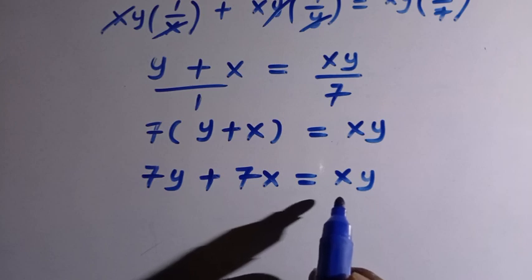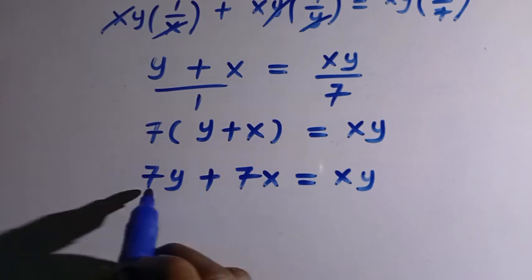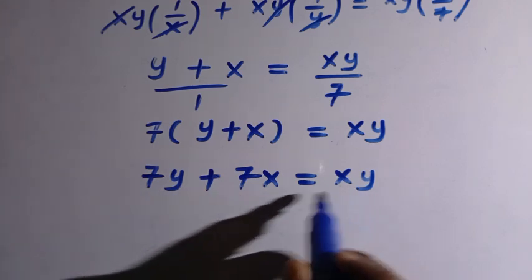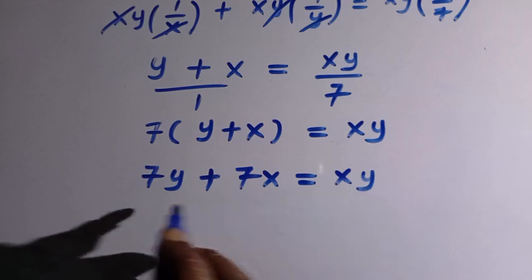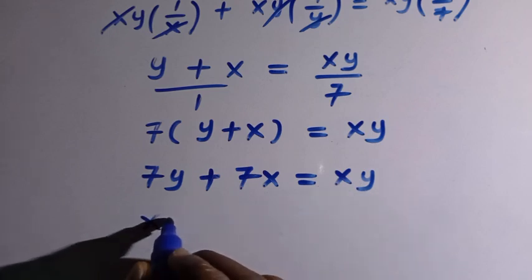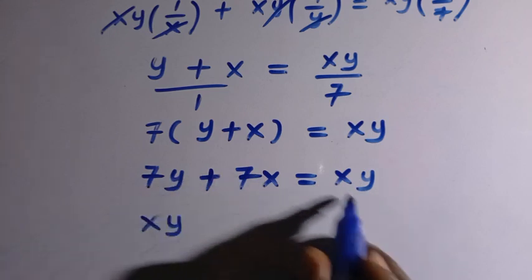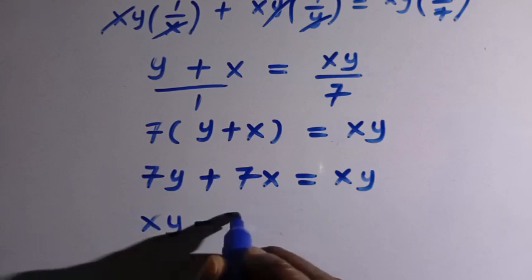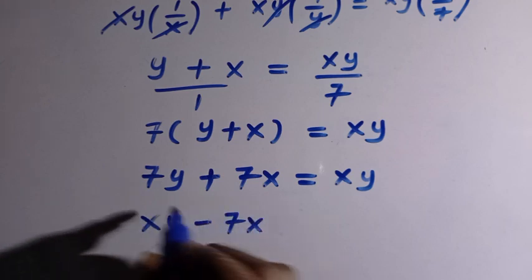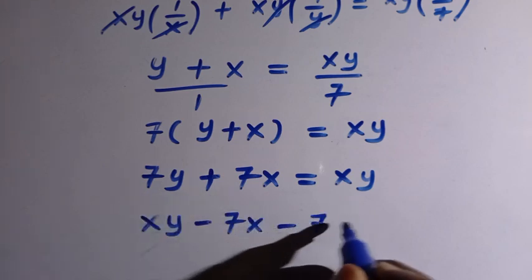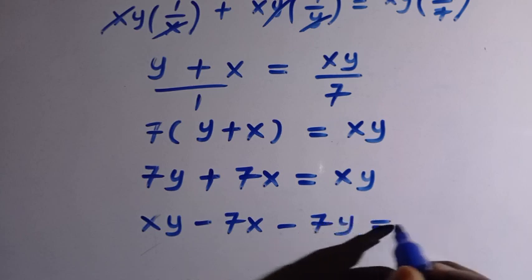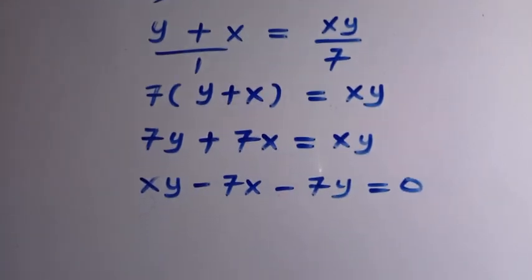Then let's transfer this to the other side. So this becomes positive xy, and this becomes minus 7x, and also we have minus 7y equals 0.